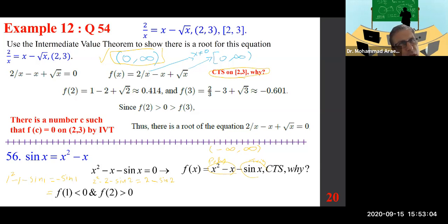Worst case is negative 1, worst case is 1. 2 minus 1 still makes it positive. So that's why, even without putting it into a calculator, we should recognize this is positive. I hope everybody is following that, okay? And so with that being the case, we have shown that f of 1 is less than 0, less than f of 2. And by IVT, we do have a solution for this in between, okay?